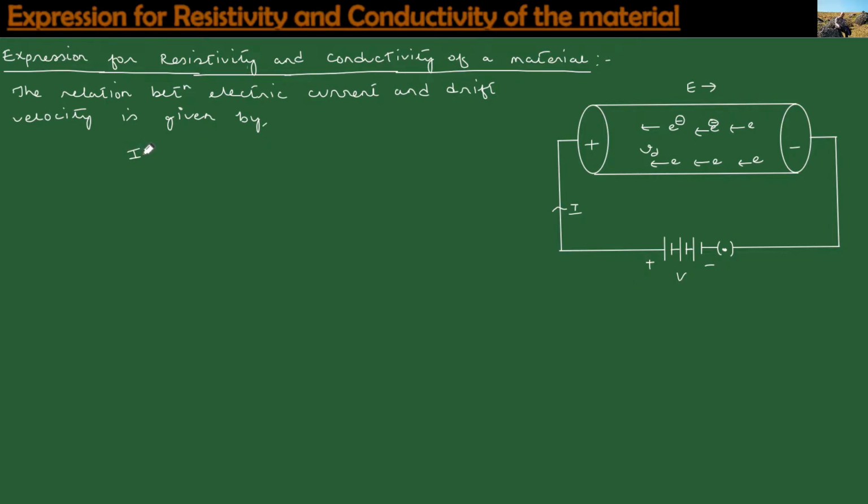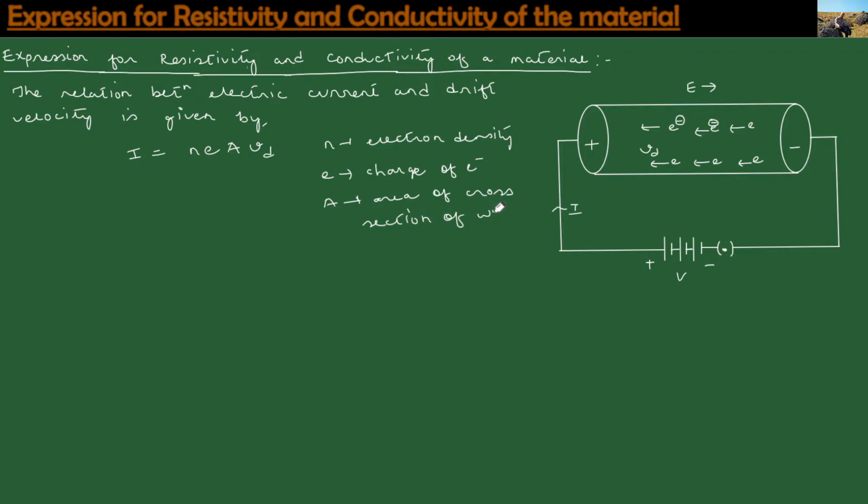The relation between the electric current and drift velocity, which we have derived previously, is given by I = n e A Vd, where n is the electron density, e is the charge of the electron, and A is the area of cross section of the conductor, or of the wire in short.